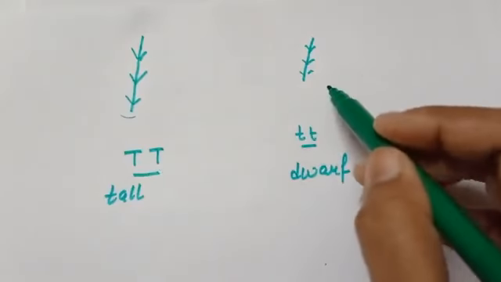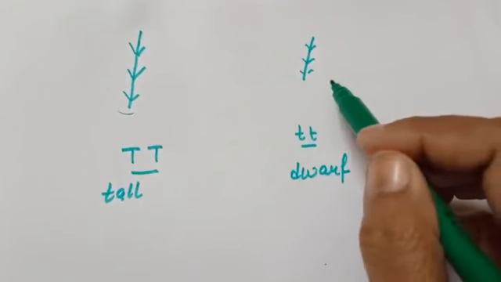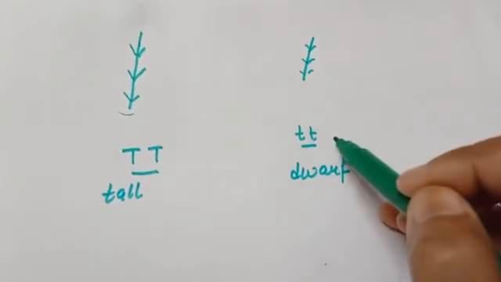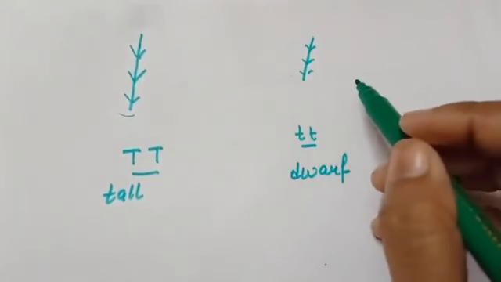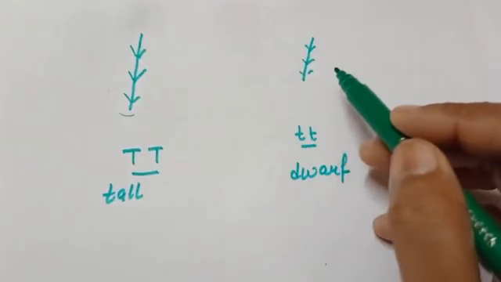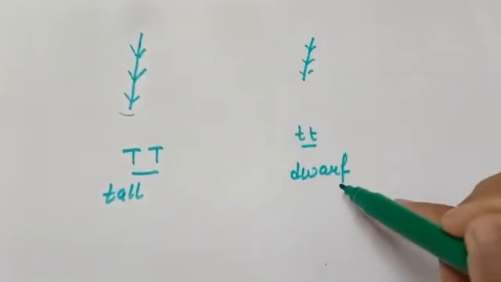And if true dwarf plants are crossed with a similar plant having the same genotype, which you can also call self-pollination, they will produce only true-breeding dwarf plants.